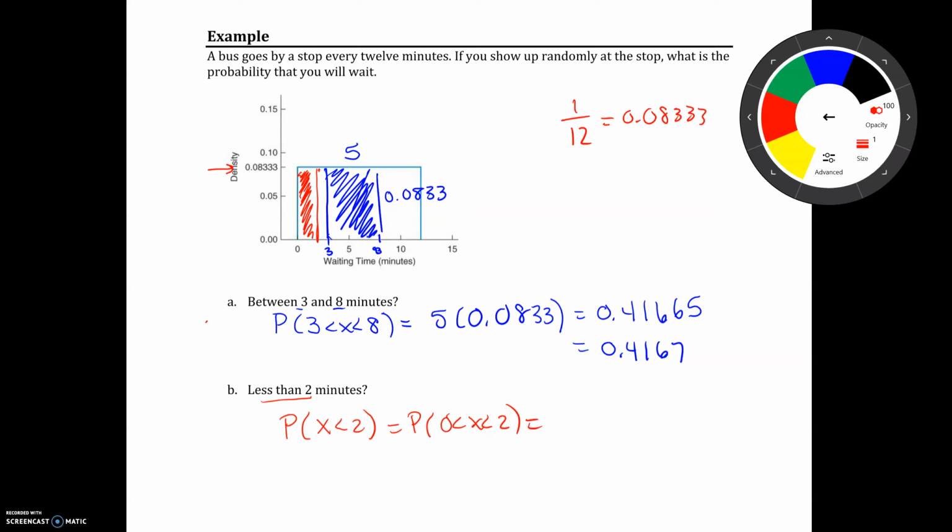So again, we think about what the width of our rectangle is, we think about what the height of the rectangle is, and we do 2 times 0.0833. Calculating that out in our calculator, it comes out to 0.1666.